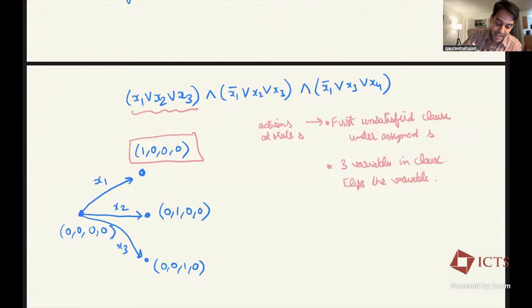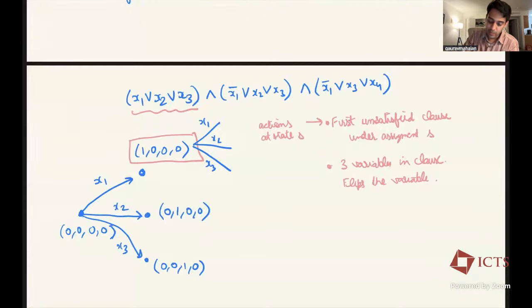So 3 actions here will correspond to X1, X2, X3.